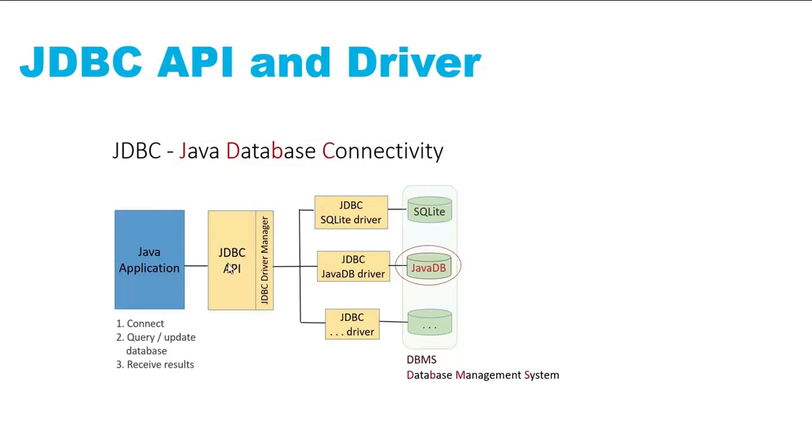As I mentioned, the JDBC API comes with the Java package, and whenever our Java application wants to connect to a particular database, we need to configure a JDBC driver for that database. Notice the flow: the Java application uses the JDBC API to connect to the particular database using the JDBC driver.